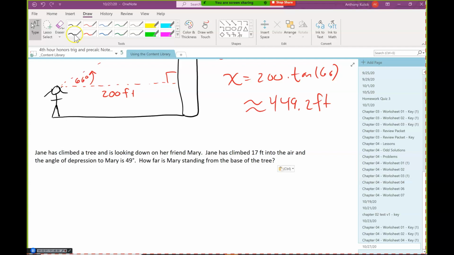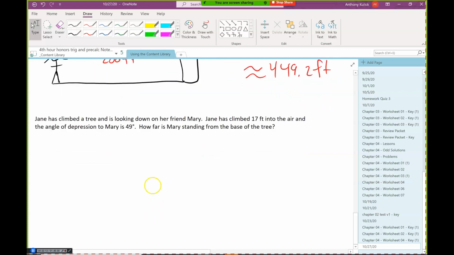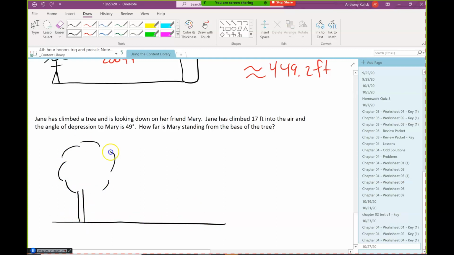Jane has climbed 17 feet high in the air, and the angle of depression to Mary is 49 degrees. How far is Mary standing from the base of the tree? Okay. So, here's Mary's line of sight, looking down at her friend. It says it's an angle of depression, so we know it's this angle that's 49 degrees.